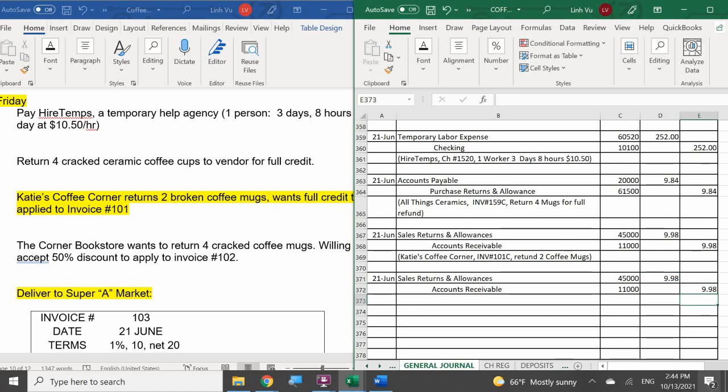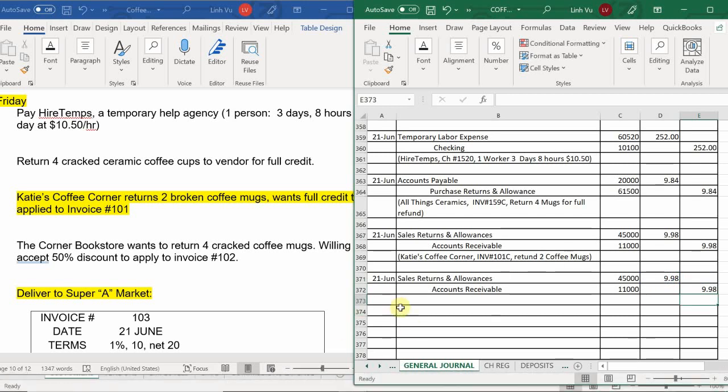Okay. I know what I want, and I understand, but I don't know how to explain that. No worries. So in this case, what does he want us to do with that credit? To reduce from the amount that he has to pay. Yeah. So in this case, the corner bookstore.